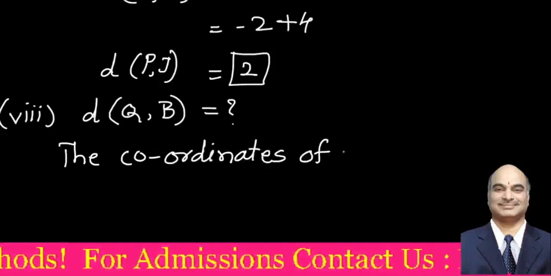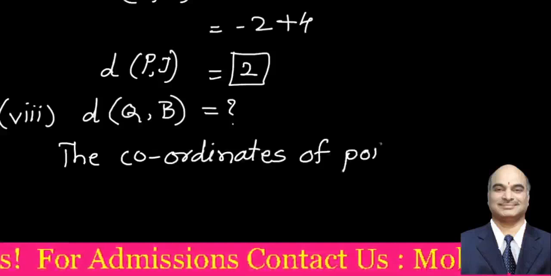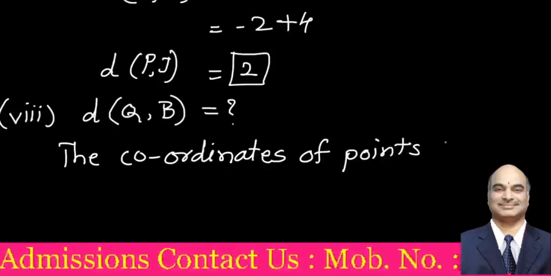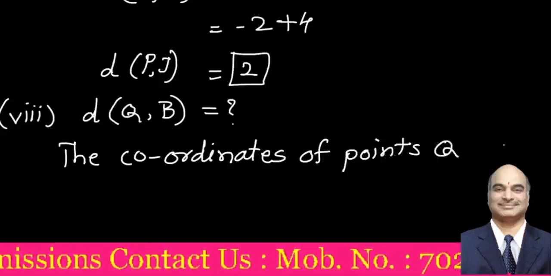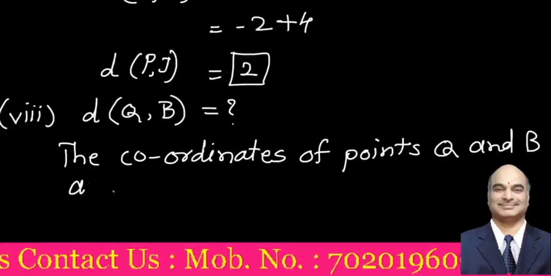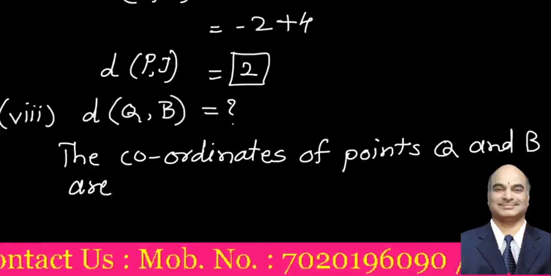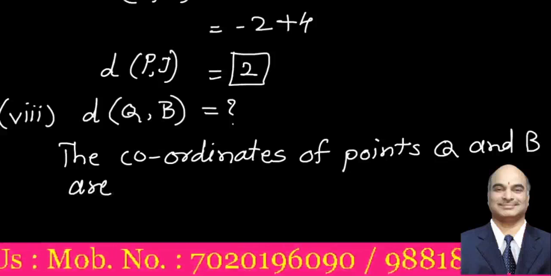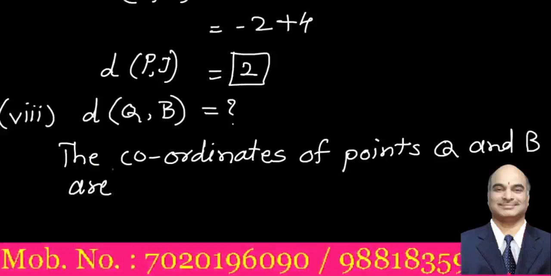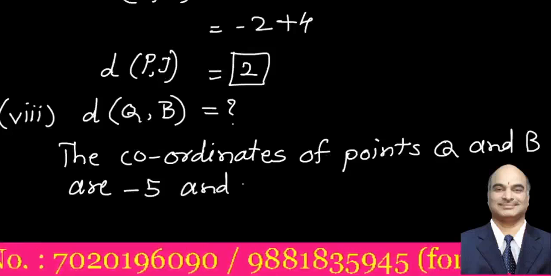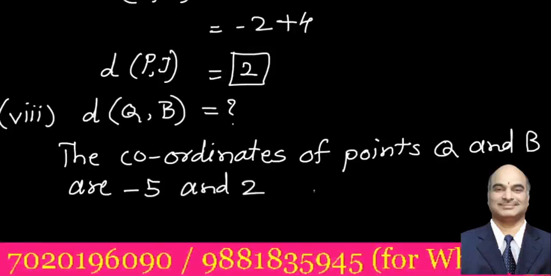The coordinates of points Q and B are: Q coordinate is -5, B coordinate is 2, -5 and 2 respectively.